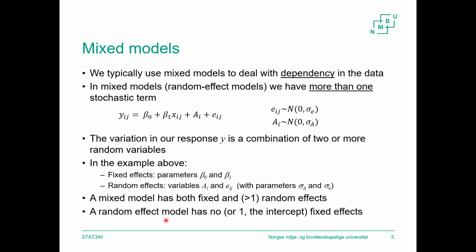I will not dwell too much on the pure random effect models, as in my eyes they are just a specialization of the mixed models. So when I talk about mixed models, I also include these ones. But in the literature, you find this term random effect model, meaning only these models where you have purely random effects.